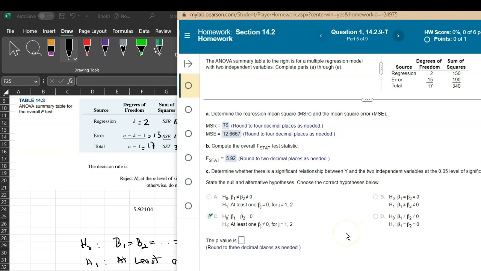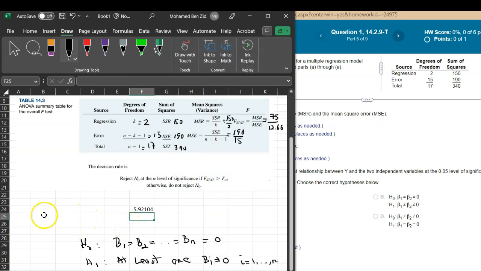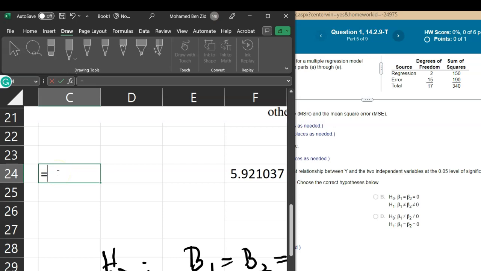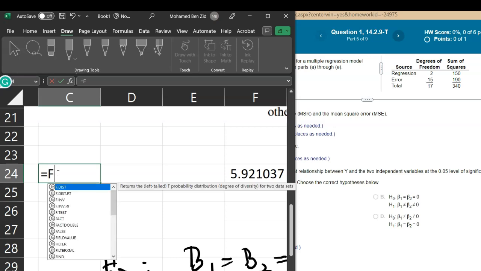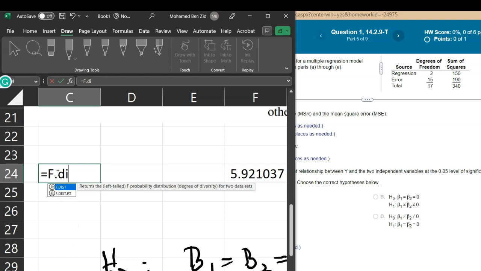Okay. The p-value. We're going to use Excel to do this. The way to do it, you use a function, equal sign, and the p-value is coming from the F distribution. So you're going to use F.DIST.RT, which means right tail.